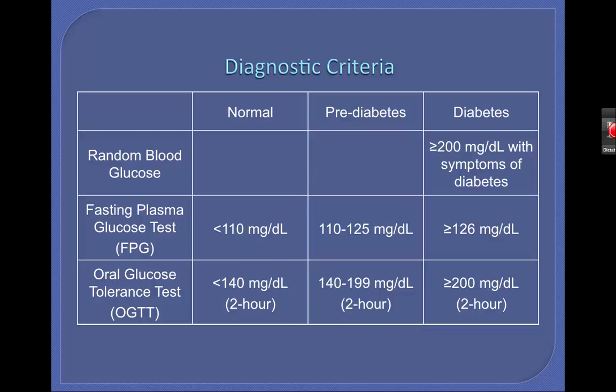You need to know the normals: less than 110 for a fasting plasma glucose is normal, and an oral glucose tolerance test less than 140 at 2 hours. And anything under 200 for a random blood glucose level is not considered diabetes.